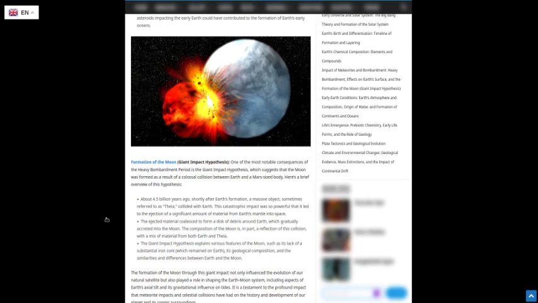This catastrophic impact was so powerful that it led to the ejection of a significant amount of material from Earth's mantle into space. The ejected material coalesced to form a disk of debris around Earth, which gradually accreted into the moon. Okay, this is what we were saying before, an earlier statement that we found somewhere online. It probably wasn't this one, it was somewhere else.